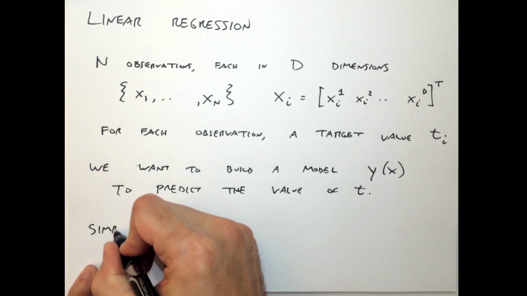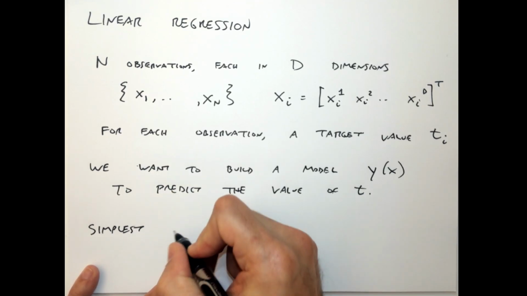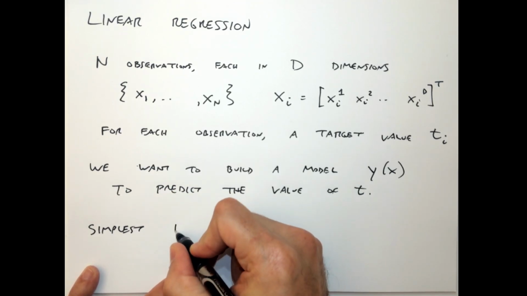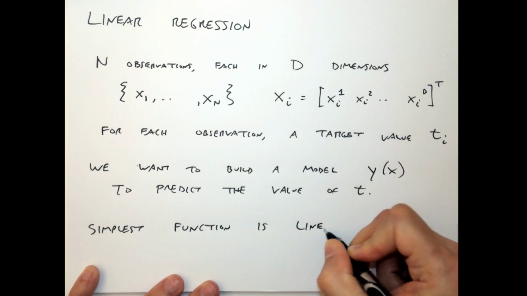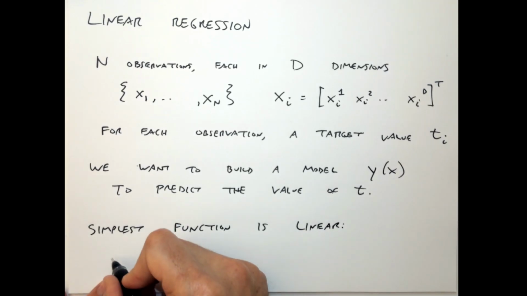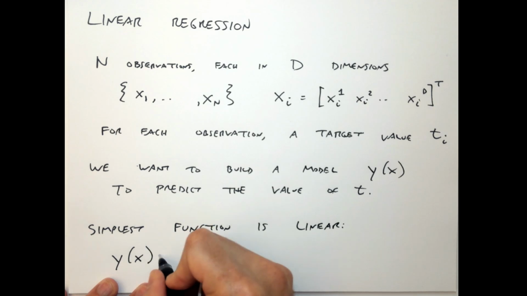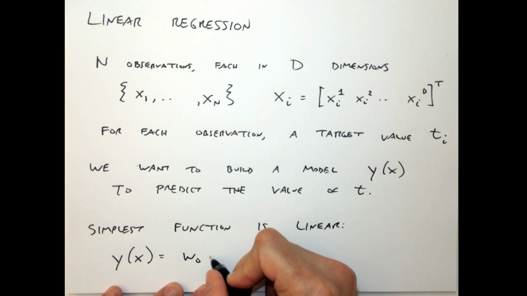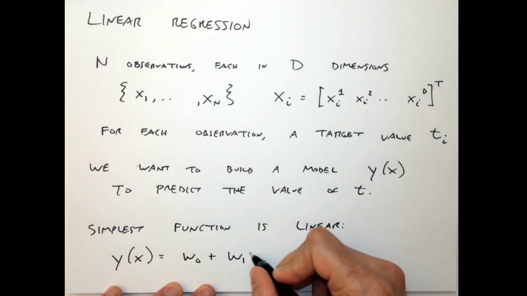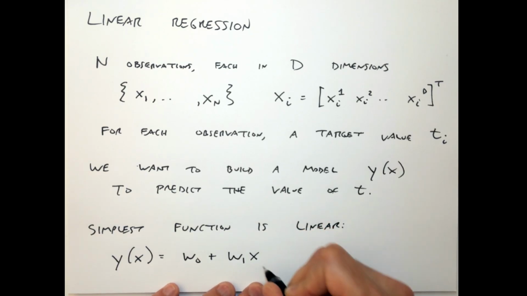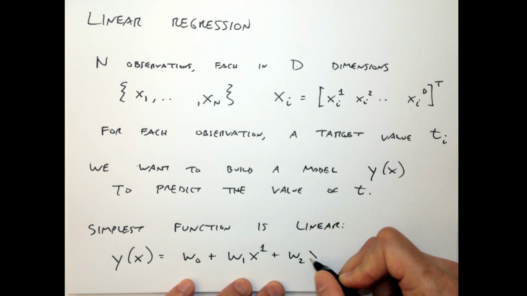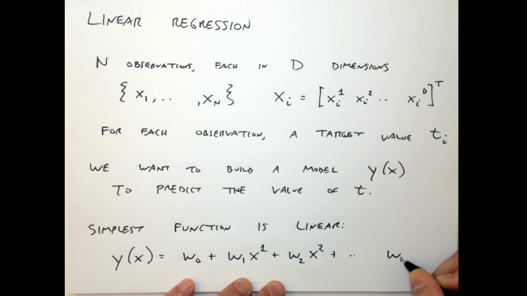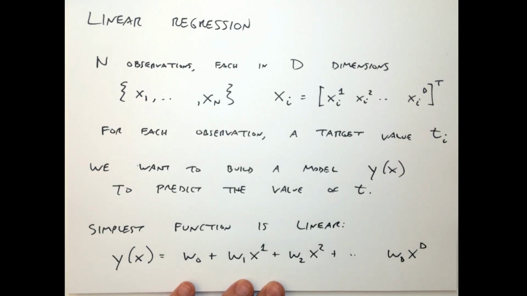The simplest model function is just a linear function that says my prediction at a given x is a constant term plus some number times the first dimension of x plus some number times the second dimension of x, all the way out to some number times the dth dimension of x.